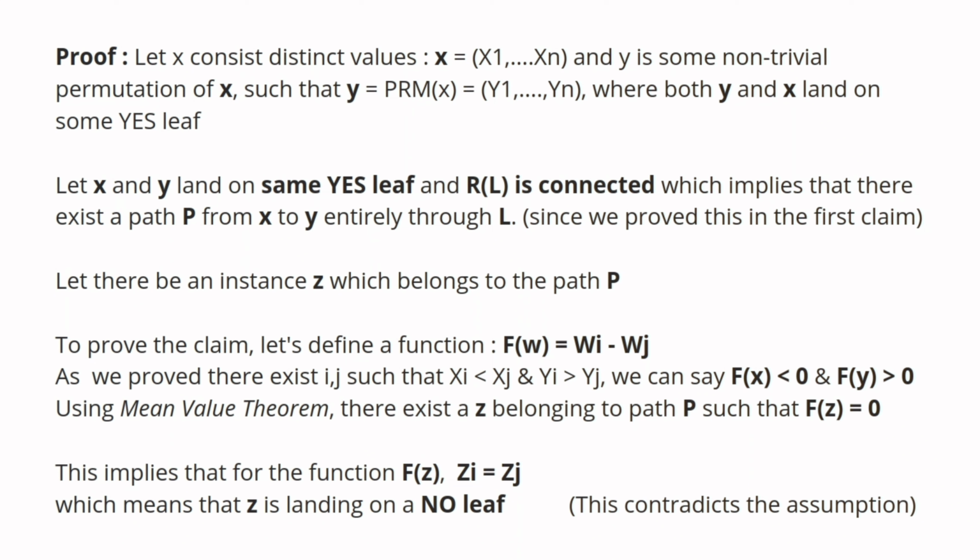But ideally, it should have landed on a yes leaf, as it is on the same path as that of x and y. So this contradicts our assumption that x and y are landing on the same leaf, which means for any x and its permutation y, x and y land on different yes nodes. And for n such permutations, there exist n factorial distinct nodes.